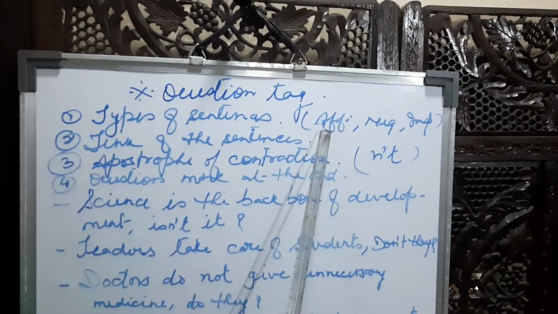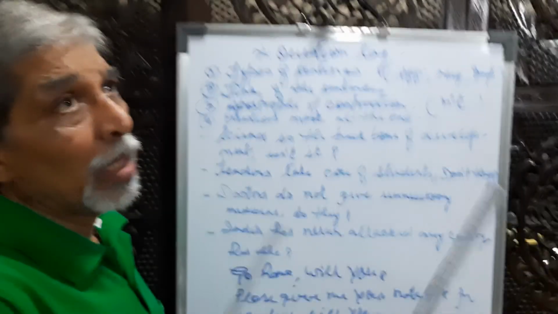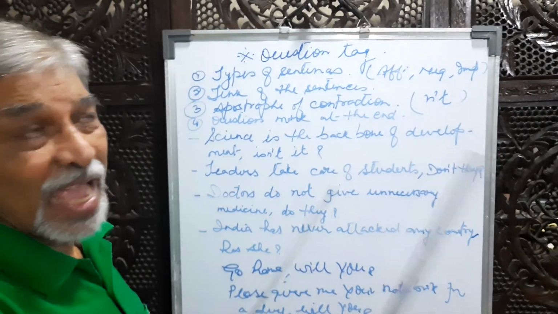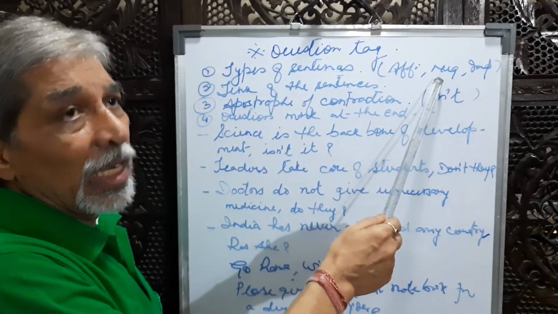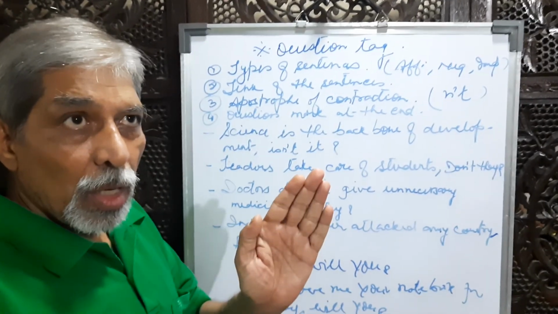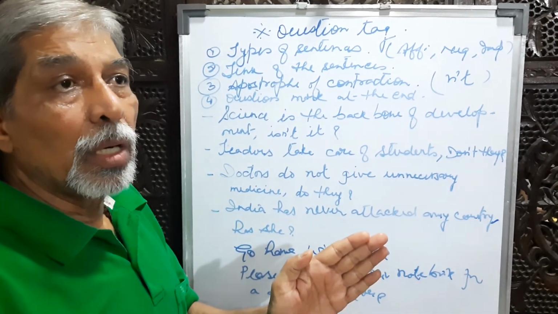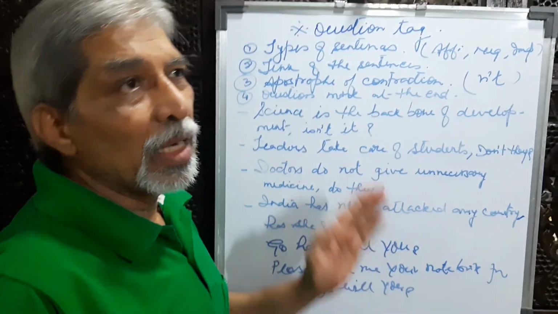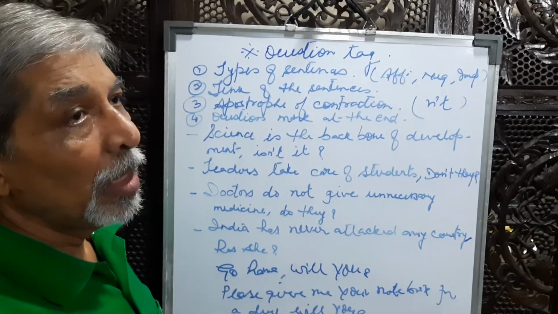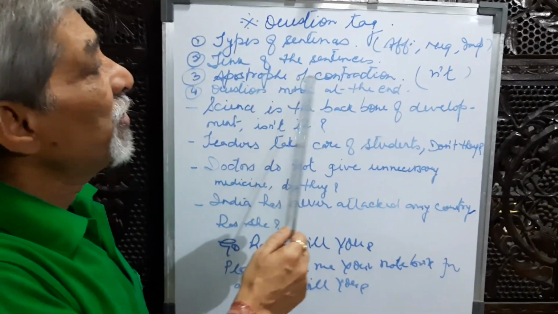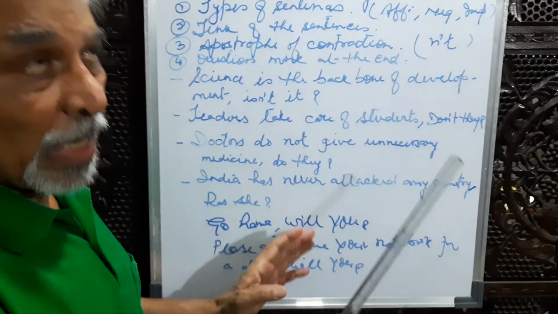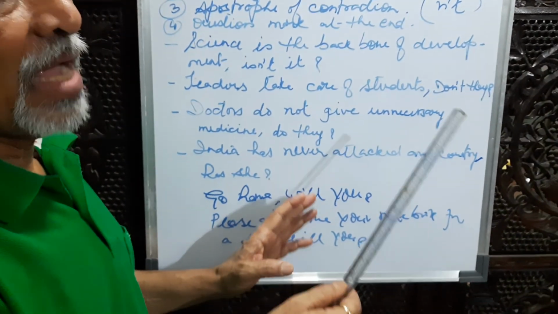For an affirmative sentence, the apostrophe contraction will be used with it. If a negative sentence is there, we will take only the auxiliary verb of the sentence and the pronominal form of the subject. Then apostrophe of contraction: according to the sentence, we have to decide whether it is there or not.